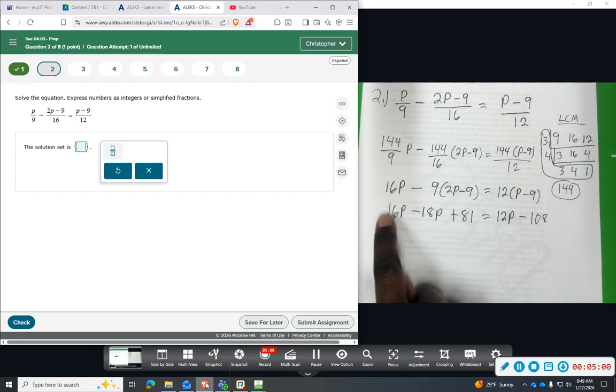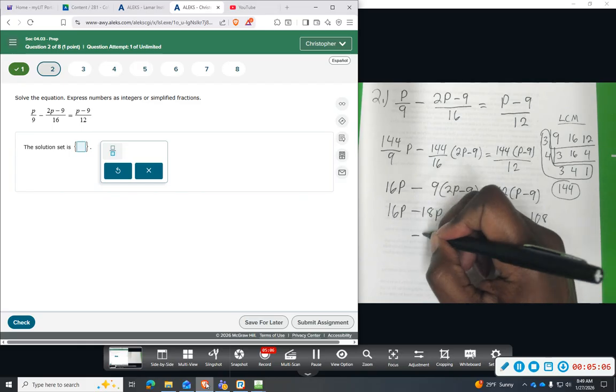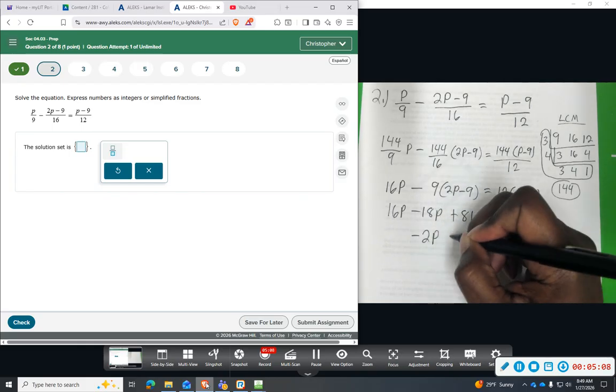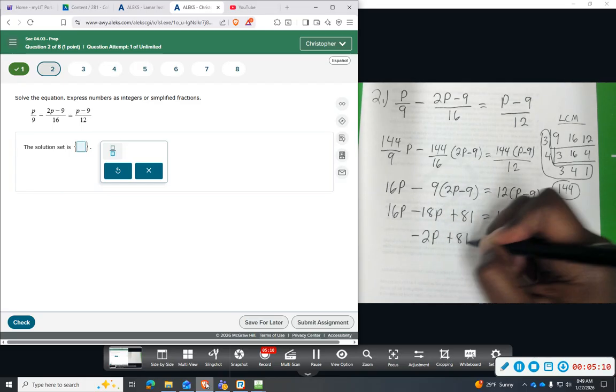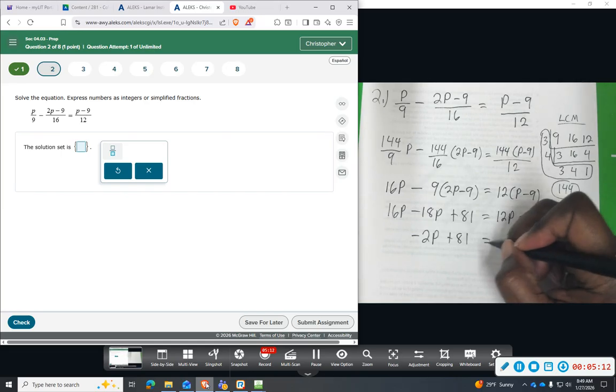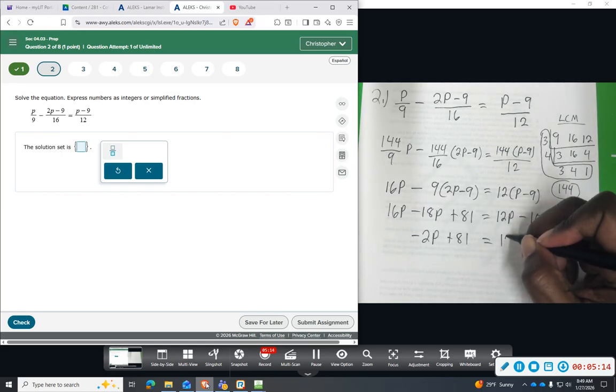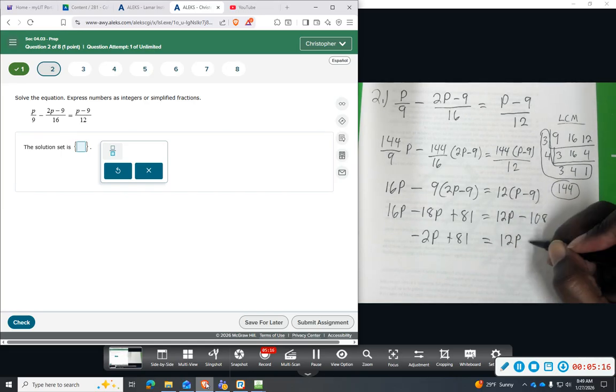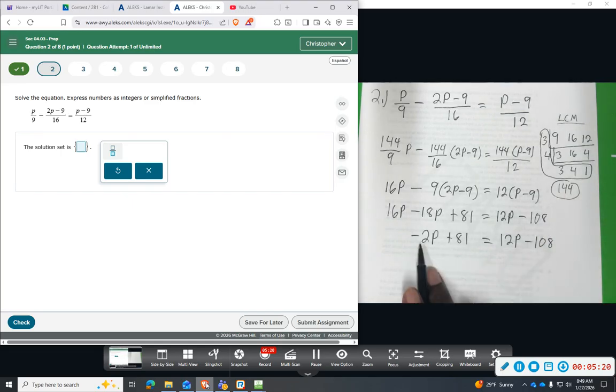We're going to combine like terms. We have two terms with p. 16 minus 18 will give us a negative 2p, plus the 81. That equals 12p minus 108. Okay, so we'll combine like terms.